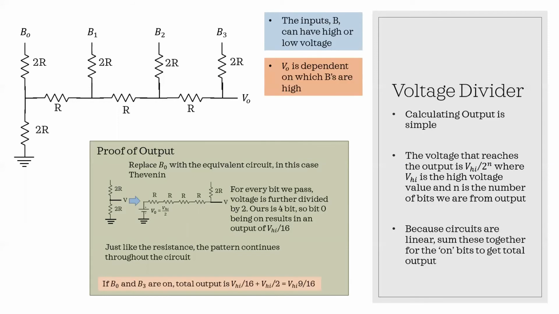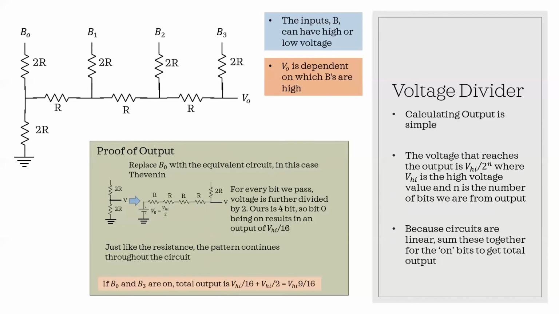And the pattern continues. So if B0 is on and V high is a value of, let's call it 1 volt just to make it simple, and all the other bits are off, voltage output is going to be 1/16 of a volt. But if we turn on B3 and all of the other bits are off, then we are going to be providing a voltage output of 1/2 a volt.